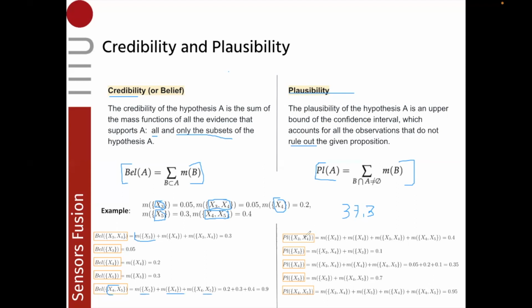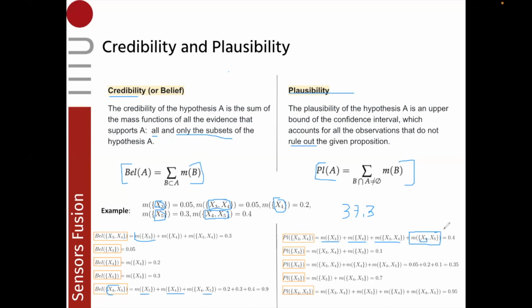Instead, the plausibility, for example for x3, x4, is of course the mass function of x3 and the mass function of x4, but we have to take into account this hypothesis too, because x4, x5 has in common with x3, x4 the hypothesis x4.